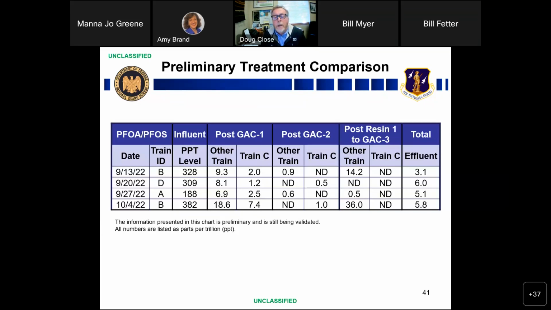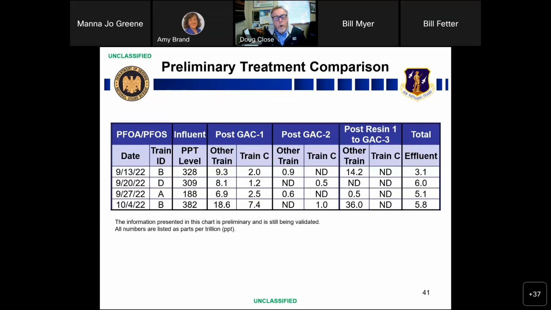Train B was monitored early with some underperforming numbers. On the 4th of October, we saw a post-resin detection of 36 parts per trillion leaving that resin vessel. And that started to become troublesome.